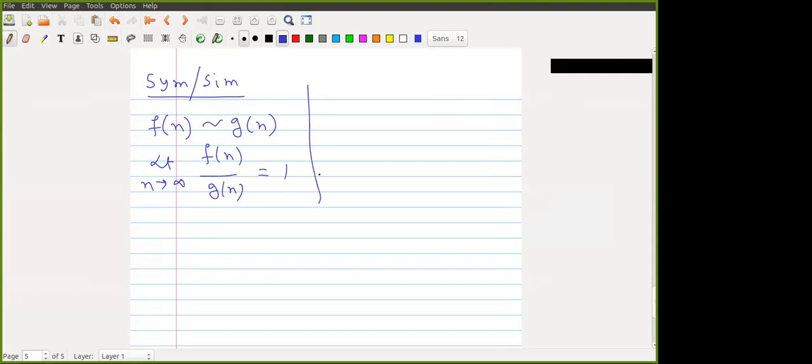It means, for example, say f_n is 3n plus 100, and say g_n is 3n. Sir, on the left side, it should be a constant C or 1. Now it is 1. I mean, that is the point: the coefficient of the dominating term should be the same.